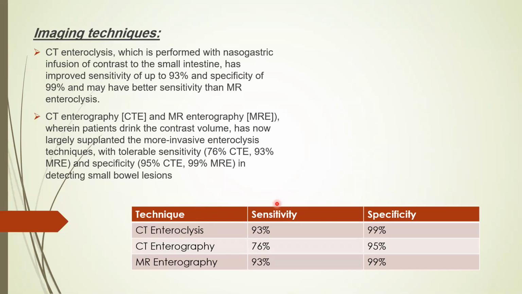And these are the sensitivity and specificity numbers for CT enteroclysis, CT and MR enterography. The specificity of all these modalities is very high, but the sensitivity slightly varies. It is more in the CT enteroclysis and MR enterography.